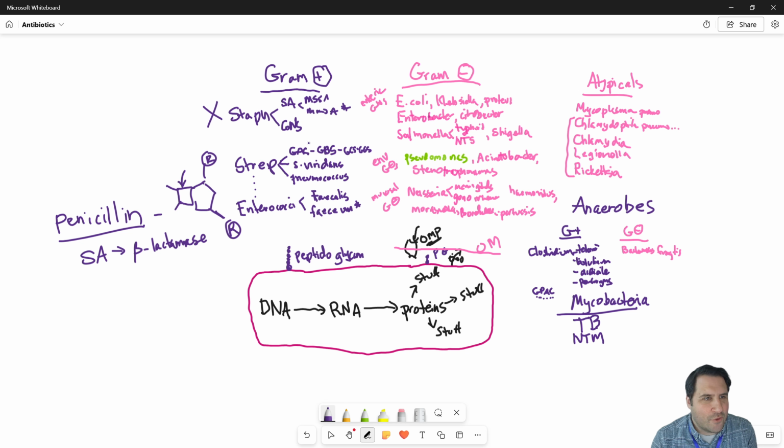Now, on the other hand, Group A strep has never gotten any memo, and at least for now, Group B strep also has not gotten any memos about beta-lactamases. So the vast majority, in fact, as far as we know, 100% of Group A strep is still susceptible to penicillin. So it is an excellent antibiotic for Group A strep.